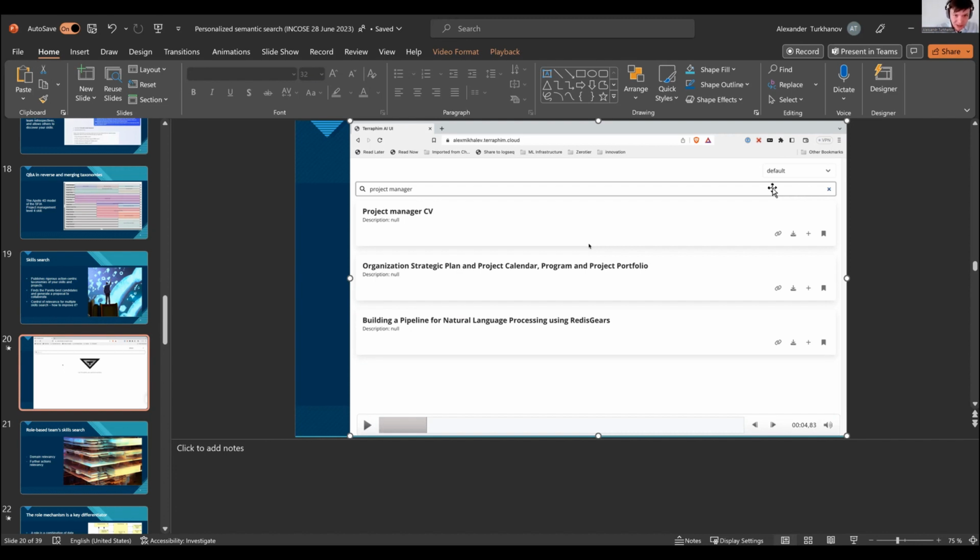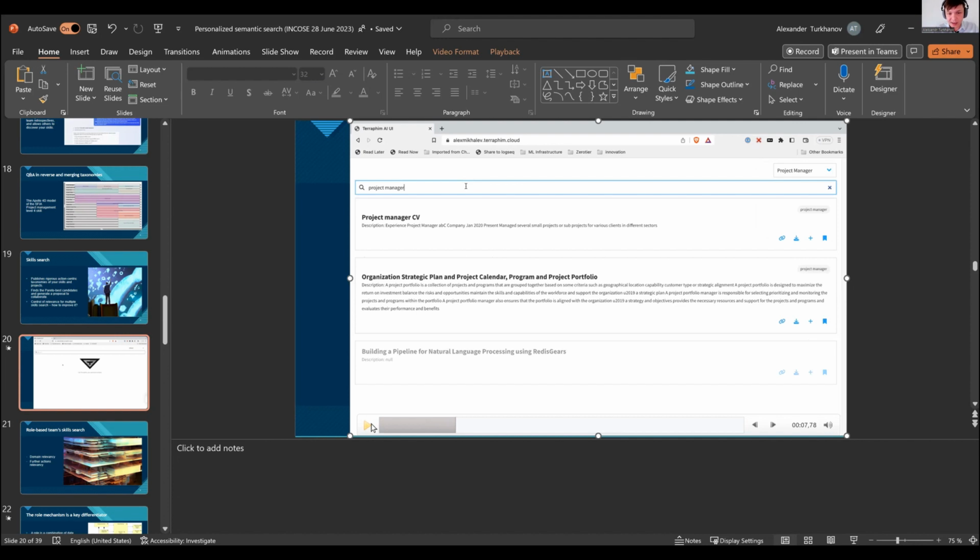And the frequency-based search on project manager provides you three entries: the project manager CV, the one that was in the beginning, the organization strategic plan and project calendar, and program and project portfolio, that's some article, I believe, on building a pipeline for natural language processing using Redis Gears. What happens next? We change the role to project manager, and immediately you will see that the building a pipeline entry disappears.